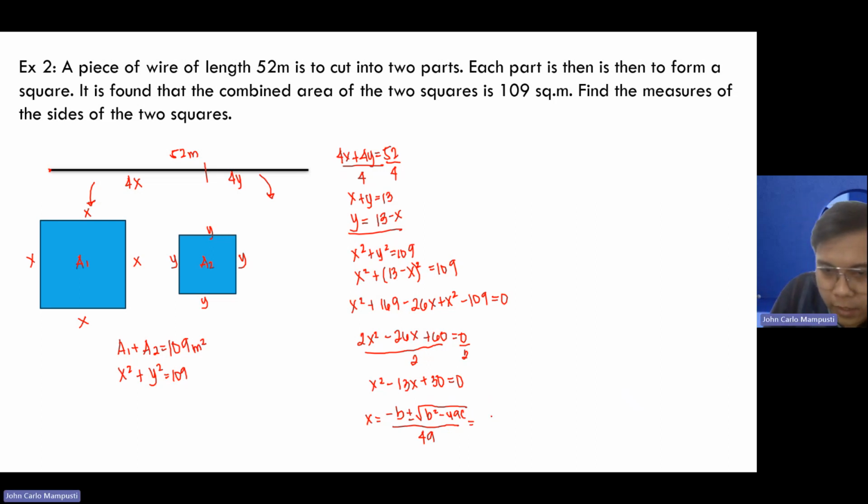So, dito, we have positive 13 kasi nga negative na yun, plus minus square root of negative 13 squared minus 4 times a, which is equal to 1, times 30, all over 2 times 1.